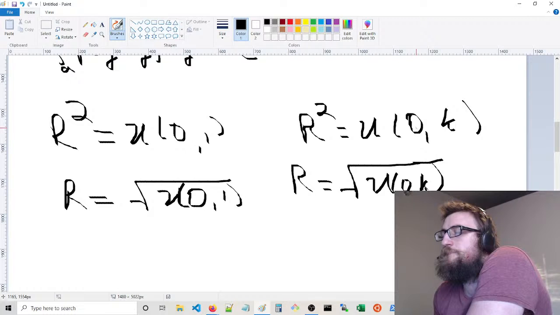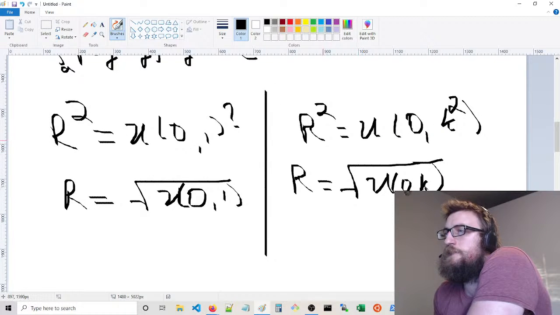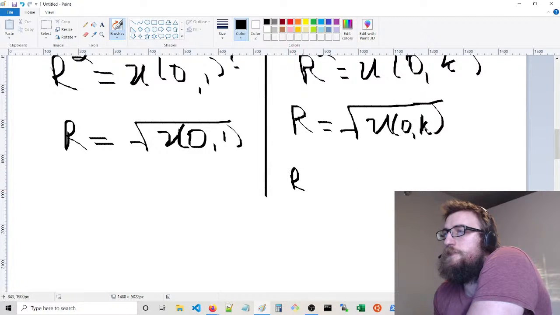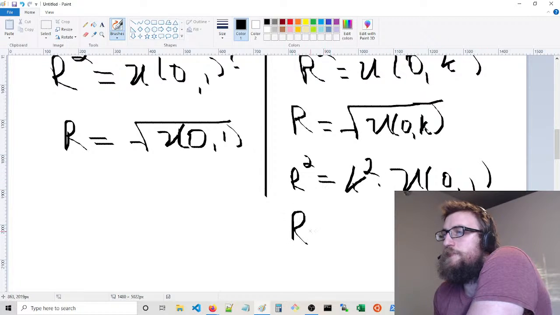I guess maybe that's it. Maybe that's what it is. If you have this 0 to k squared, then it's equal to k squared times 0, 1, and then r is k times the square root of 0, 1.